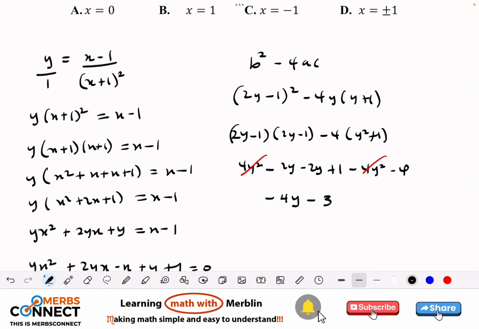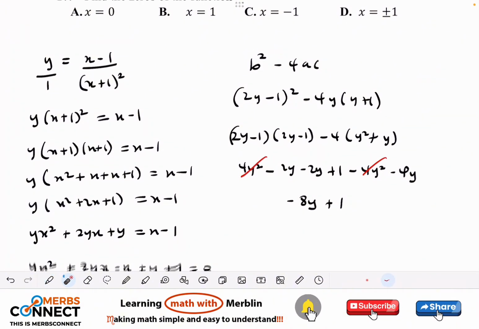Let's check it out. I think I made some mistake here. Okay, good. So I see the mistake here. When I multiply the y through, this one's supposed to be y. So this is going to be 4y. Good. So when I do that, it means that when I cancel that one, I'm going to have minus 4y minus 4y. So I'm going to have minus 8y plus 1.